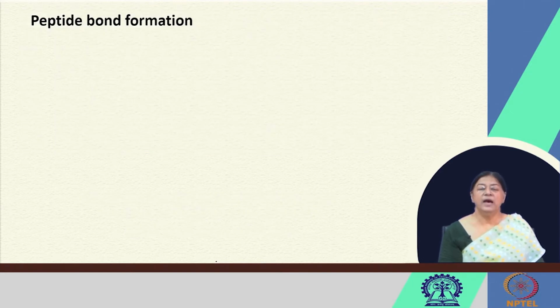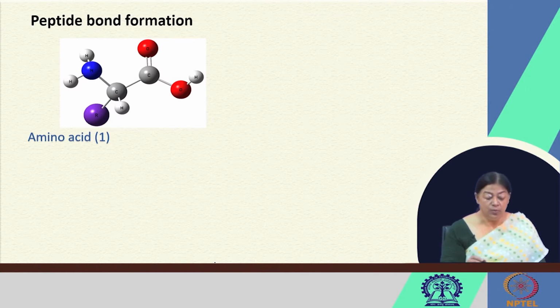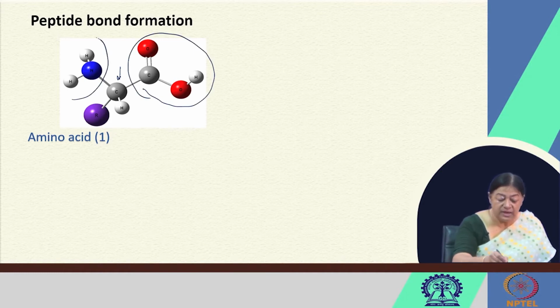When we look at peptide bond formation, what do we have? We have the amino acids that are going to be linked to one another. So, we have amino acid 1. How do we characterize the amino acid? We look at the amino acid by understanding that we have the alpha carbon, we have the carboxylic acid group, we have the amine group, we have the R group.